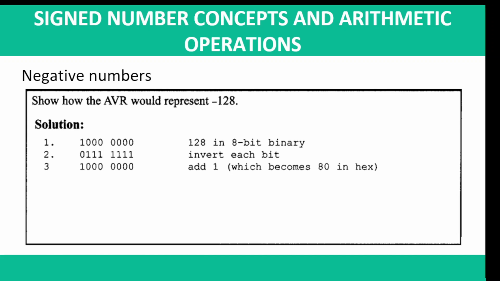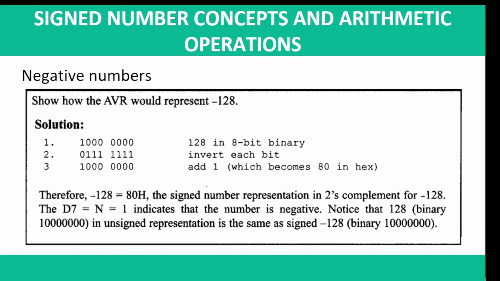Inverting it gives 0 1 1 1 1 1 1 1, and adding 1 brings it back to 1 0 0 0 0 0 0 0. So as you can see, negative 128 is equal to 80H, the sign number representation in 2's complement for negative 128. And D7, the N flag, is equal to 1, indicating that this number is negative.